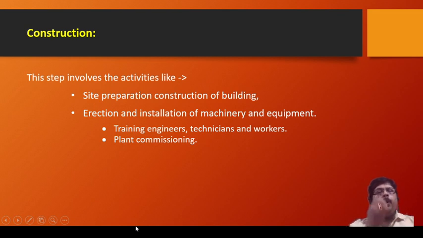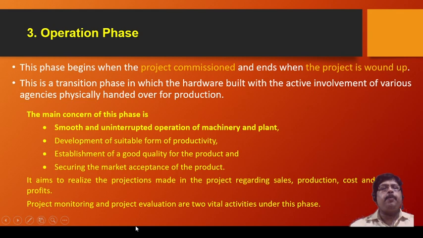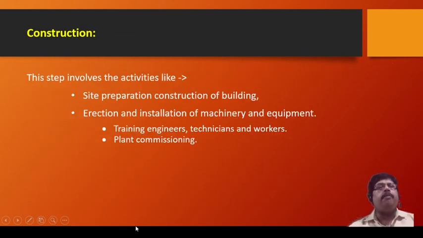You need to properly install the machines where required to fulfill the requirements of the project, and you also need to train your engineers, technicians and workers. Plant commissioning is also very important. So these are the factors under construction.